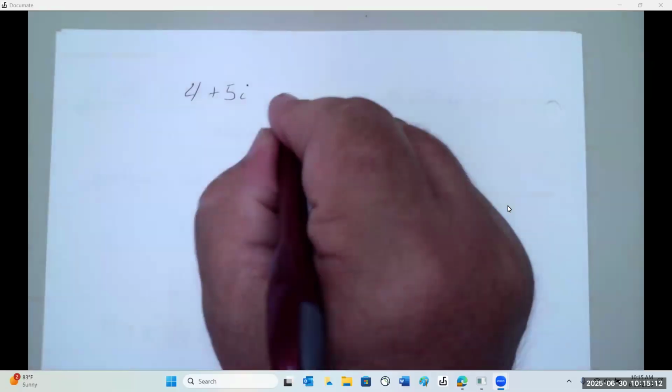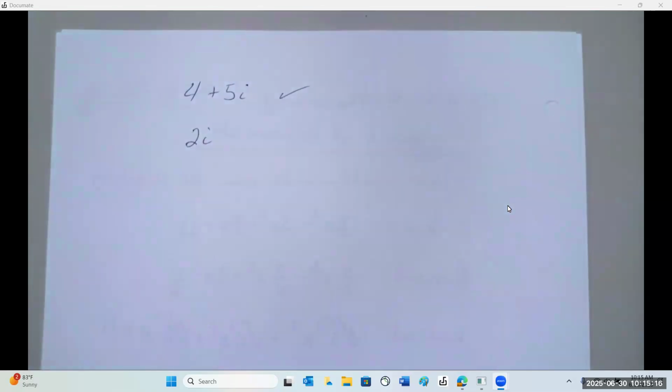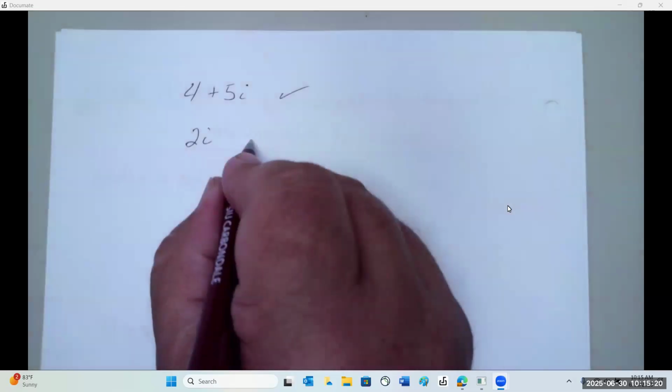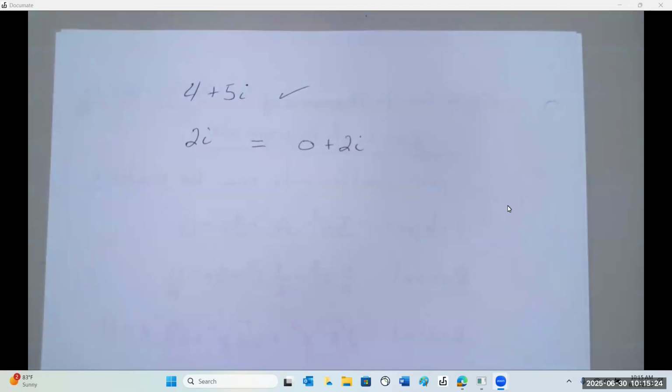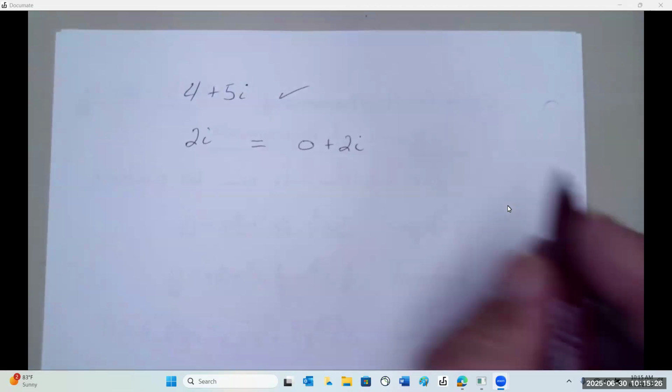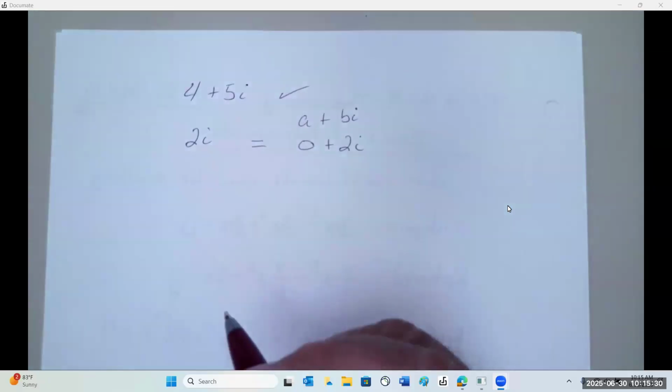Is that a complex number? Is that a complex number? Is it the same thing? So this is a plus bi. What's a? A is 0.